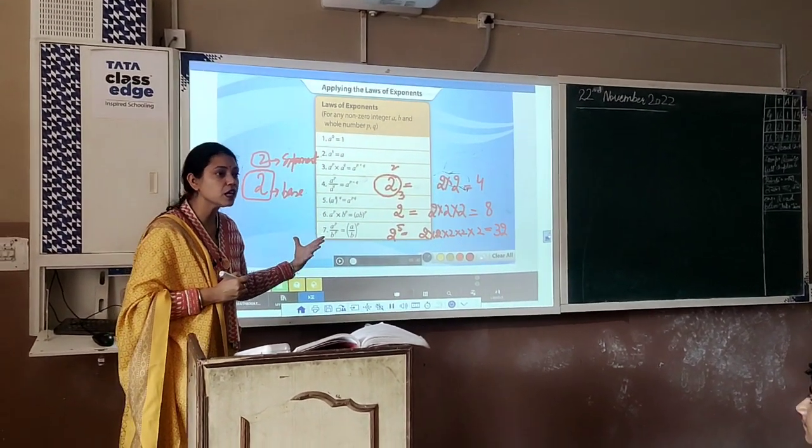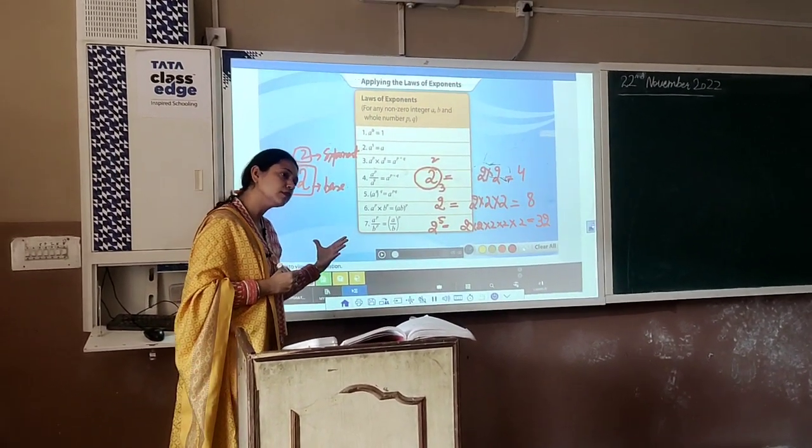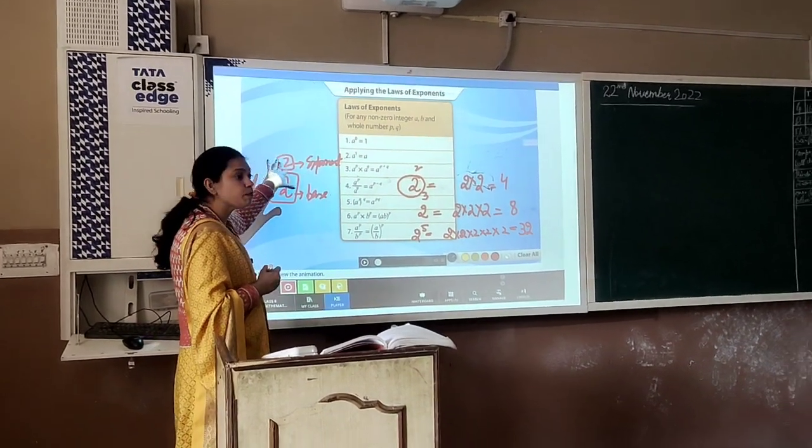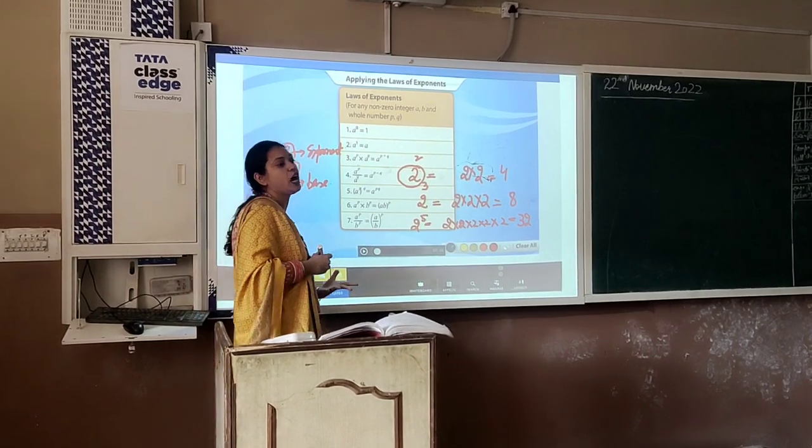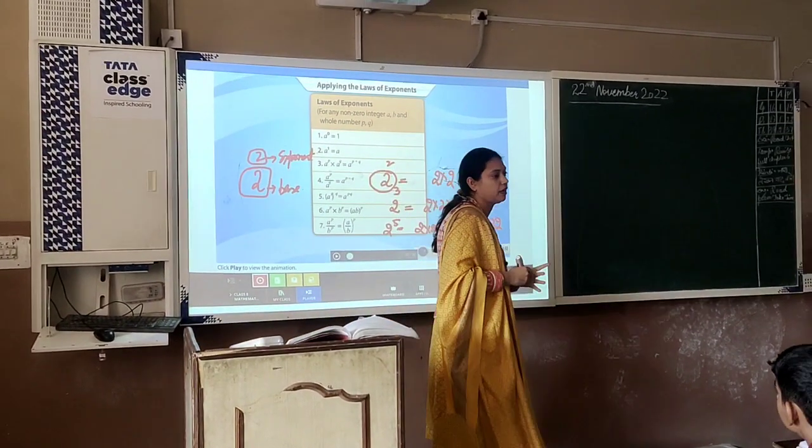Base tells us which number is multiplying itself. And this part, that is known as exponent. It tells us how many times this number is multiplied.